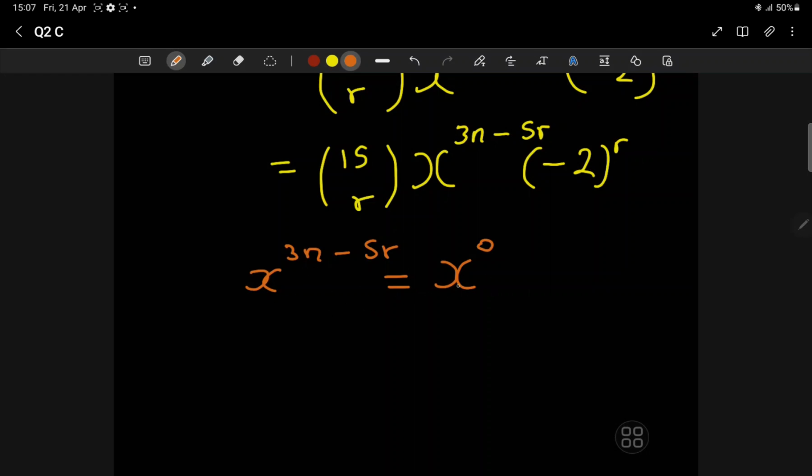Remember the indices, since we have the same base, we just equate the exponent. So it's going to be 3n minus 5r is equal to 0.